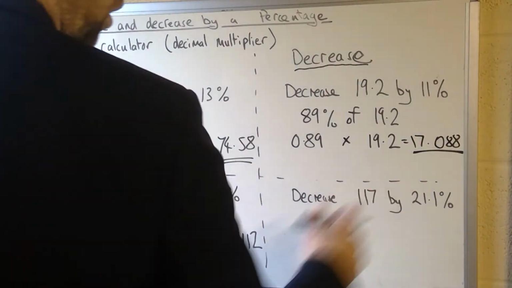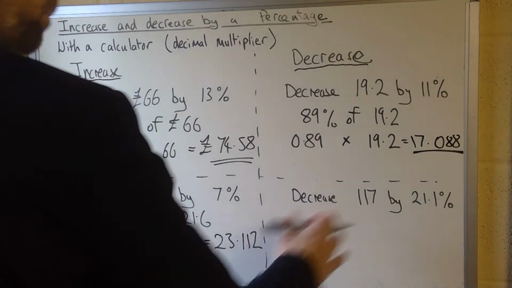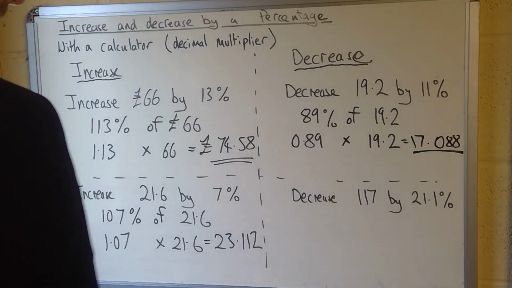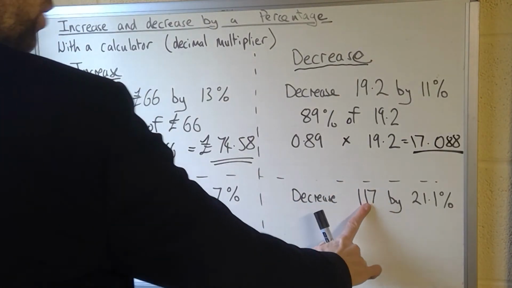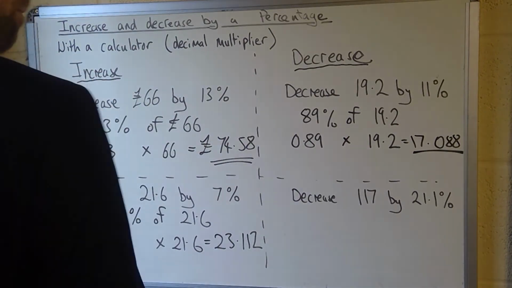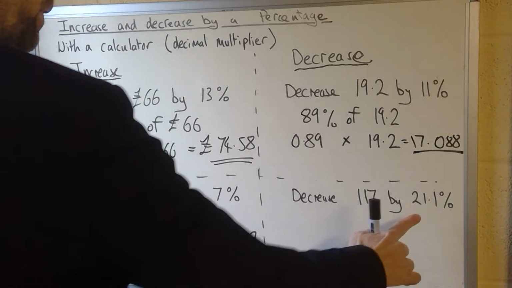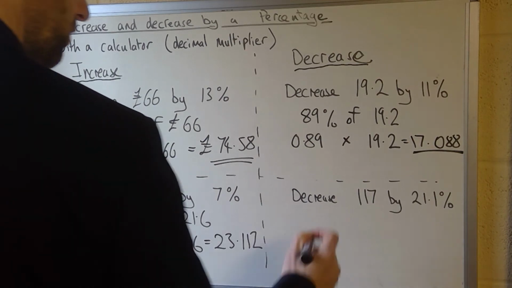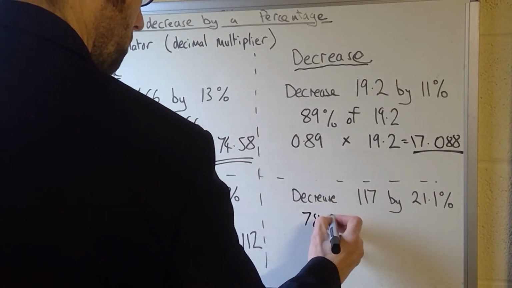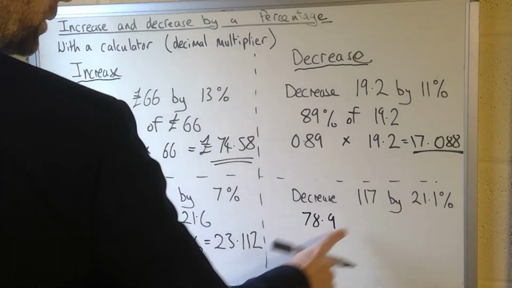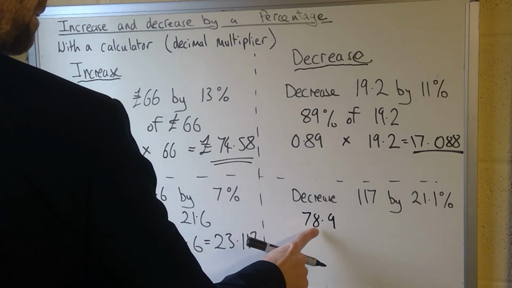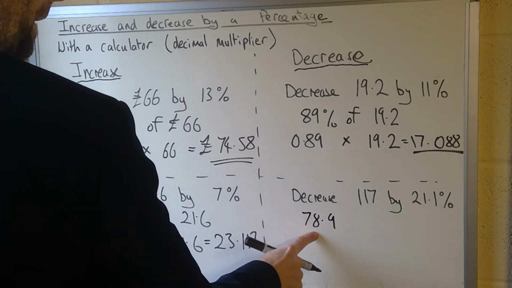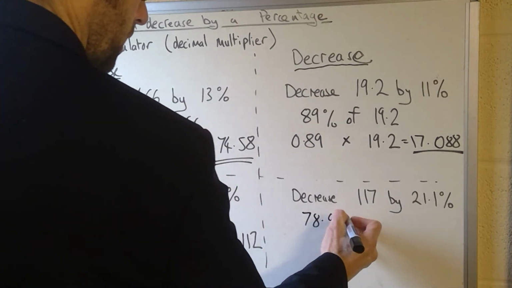And then one here that's got slightly more complicated numbers but works in exactly the same way. So I'm decreasing 117 by 21.1%. So if I take 21.1 off 100, I'm actually going to end up with 78.9. Just to be absolutely clear where I've got this from, if I add the 21.1 back onto here, I will end up with 100%.